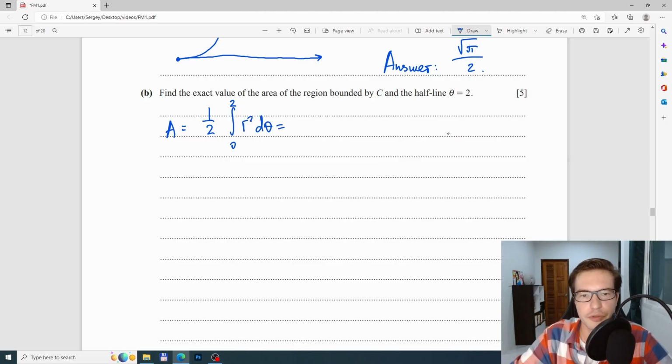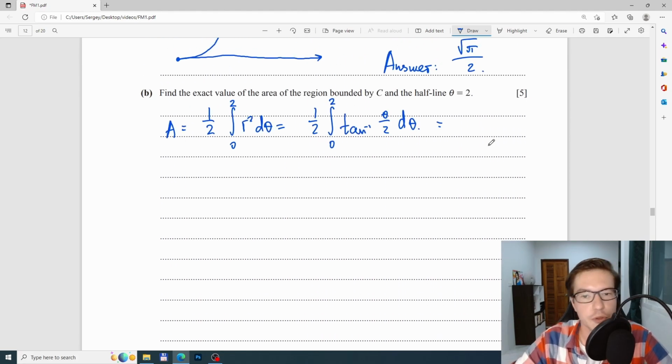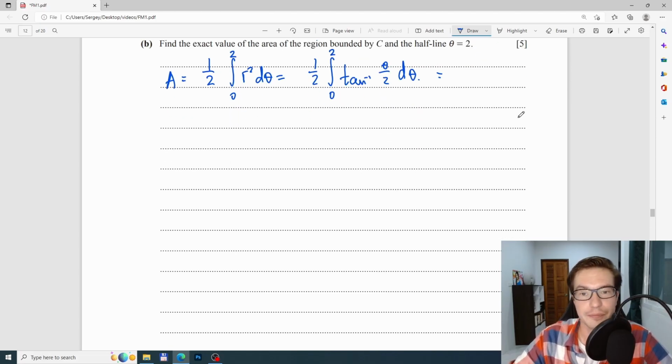And we have a formula for r squared, so we'll have to integrate from 0 to 2 inverse tangent theta over 2 d theta. Now, if you check the formula sheet, unfortunately there's no integral for the inverse tangent, and that's probably why the question is worth 5 marks. Now, how do we integrate the inverse tangent?